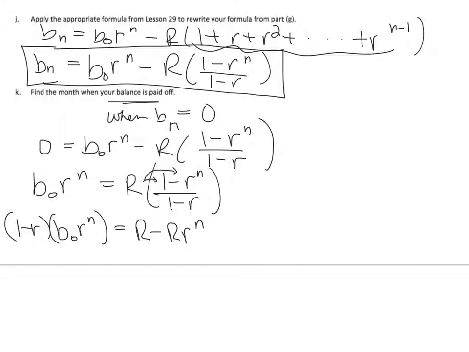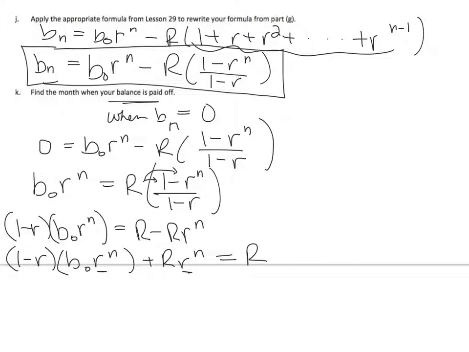Okay, I'm trying to get my exponents on the same side of the equal sign so that I can solve for it, because they need to be near each other so I can work some logarithm magic. So I'm going to add this. I hope I'm not doing anything too crazy for you guys. Now I can factor this out.